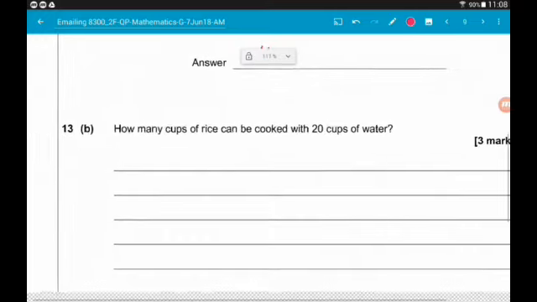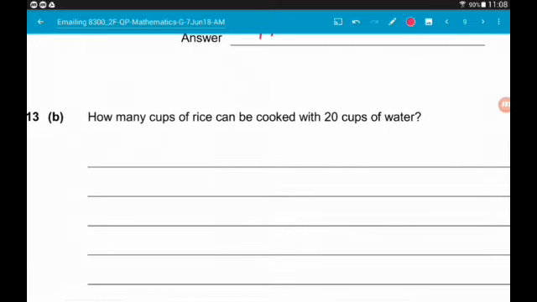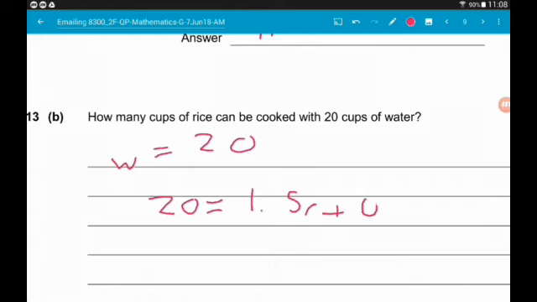Part B. How many cups of rice can be cooked with 20 cups of water? So here we're going, well, W is equal to 20. So 20 is equal to 1.5 R, add 0.5.